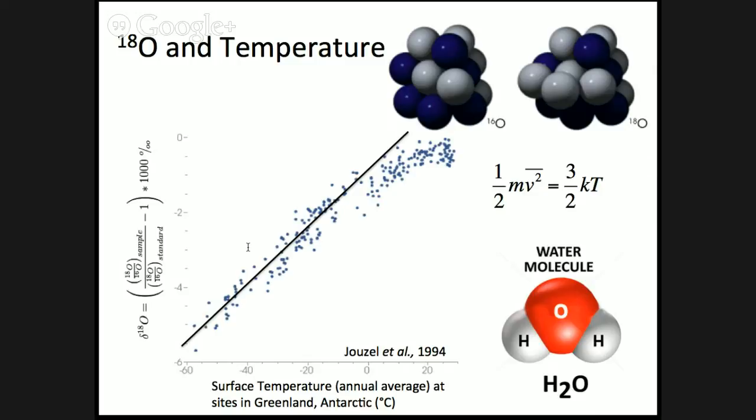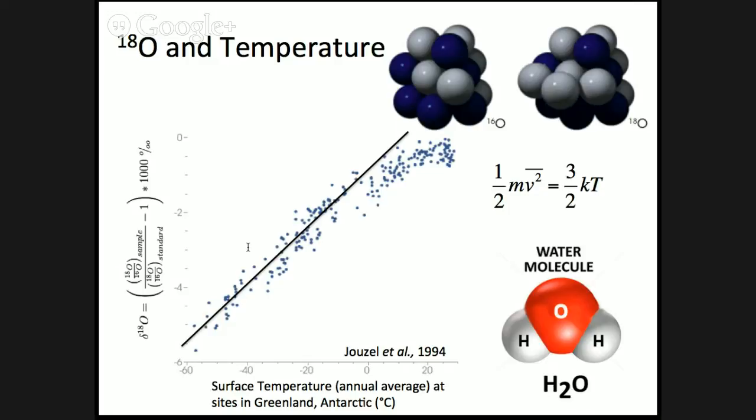And this number is proportional to the mass of the atom. And according to the temperature equation here, the temperature is proportional to the average kinetic energy of the molecule. So this heavier one, which is called oxygen 18, is heavier than the lighter one. So it has more mass, then it is slower, it's moving slower.